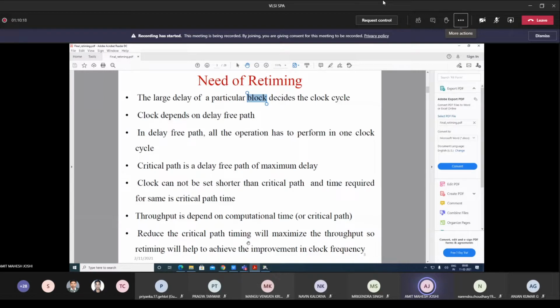Reducing the critical path will maximize the throughput, or maximize the clock frequency. So retiming will help to achieve an improvement in clock frequency. If I somehow reduce my critical path, then I can increase my clock frequency, which means my speed is improved.